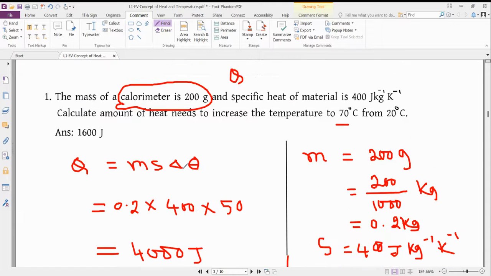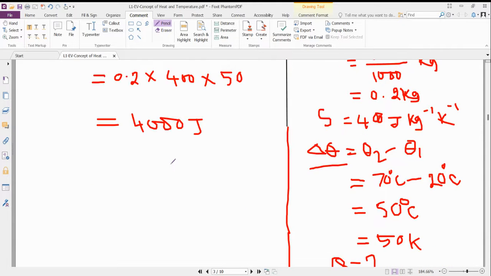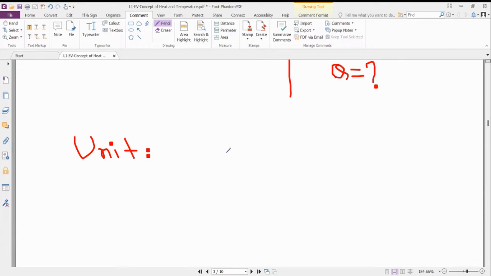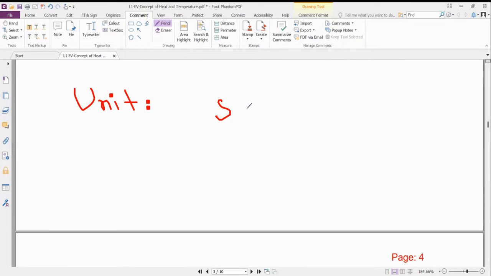Okay, now the question 2. Before going to question 2, I will show the unit of specific heat. We know that the unit of specific heat, already I have shown, is joule per kg per Kelvin. So we know that specific heat is equal to Q divided by m del theta. Right?